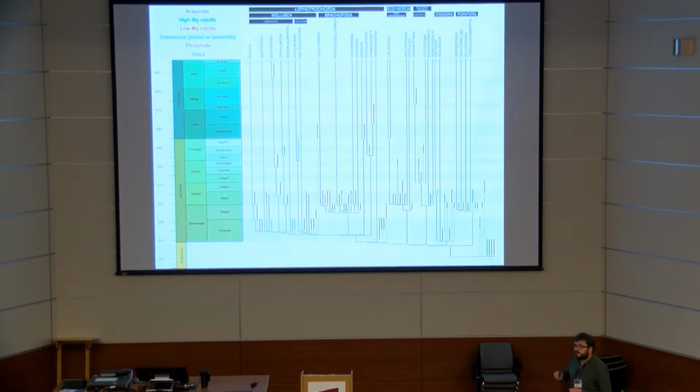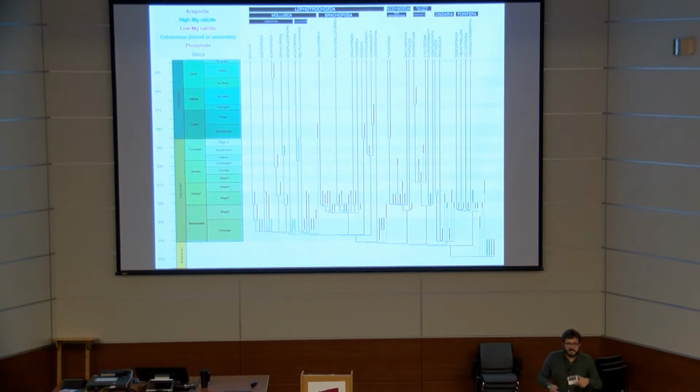So if we then plot this data onto a consensus tree of animal phylogeny, we can see that these different mineral types are intercalated with each other. And we don't see any evidence for a single origin and then subsequent modifications of that skeleton. So I think this is evidence that we've got multiple origins of the skeleton in different animal groups.